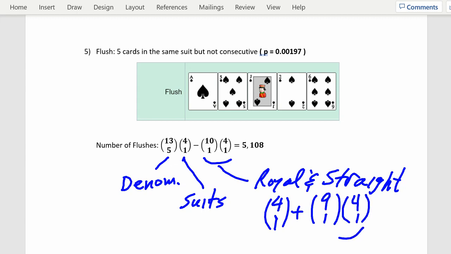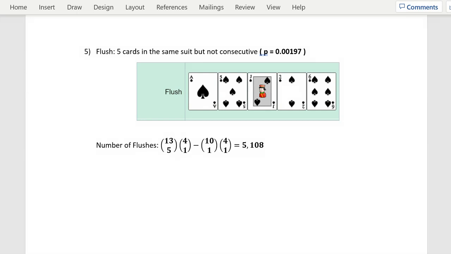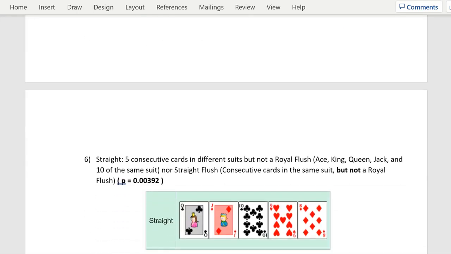When you combine these two, you're going to get that expression. I factored out the 4 choose 1, and that's how I got the 10 choose 1. Okay. Now, 5,108 flushes. Next we're going to do straights. Okay, so let's take a look at the number of straights in a poker game.